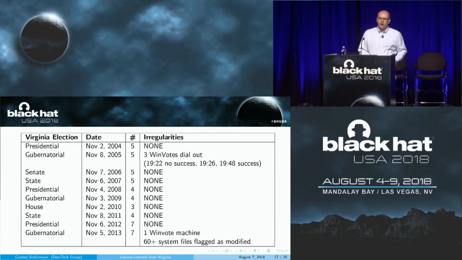And here's a list of all of the different elections that I went through. So most of those elections actually look good, except the one in 2013. In 2005, also something really funny happened, because there's actually an old modem in these machines. And for some reason, 5 of my machines were used in the gubernatorial election in 2005.